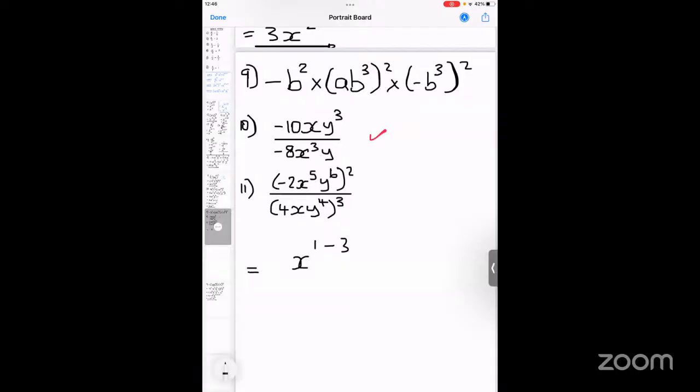And I wrote y to the power of 3 minus 1, okay, and then I got 1 comma 5 x to the power of negative 2, and y to the power of 2.